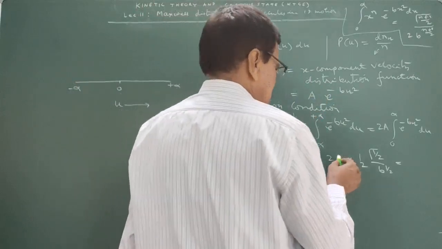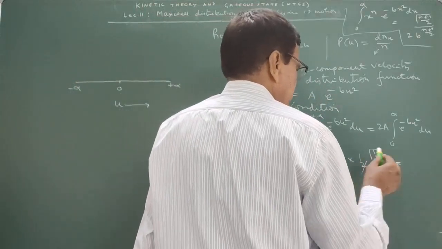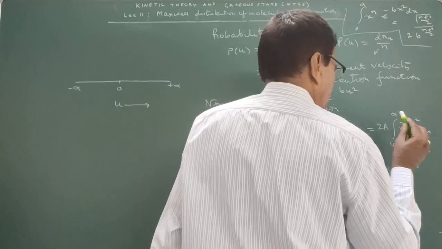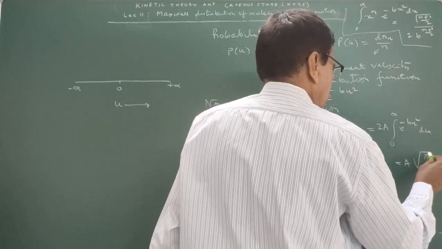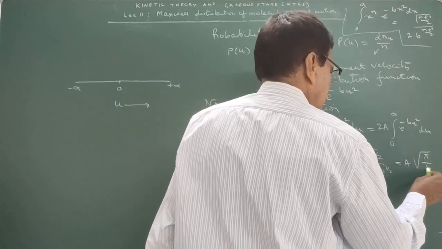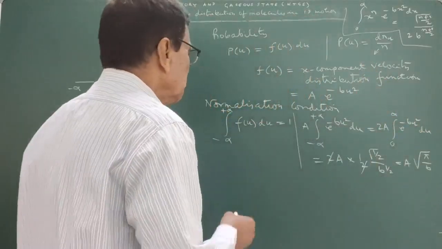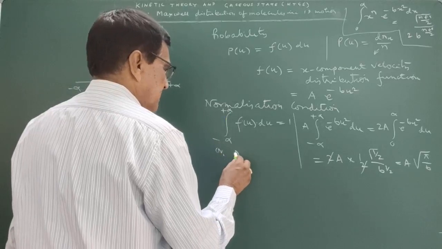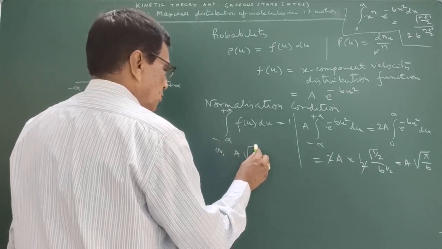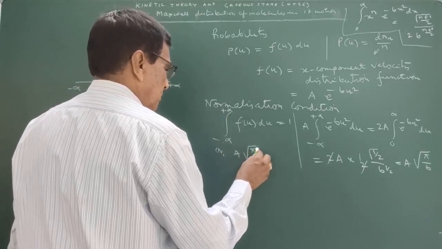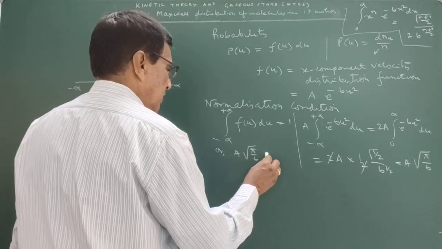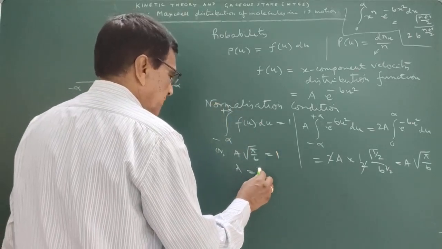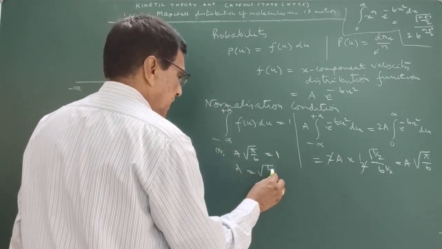So this 2 cancels, so it is A times root over of pi by b. So this integration is A into root over of pi by b equal to 1. So A equals root over of b by pi.